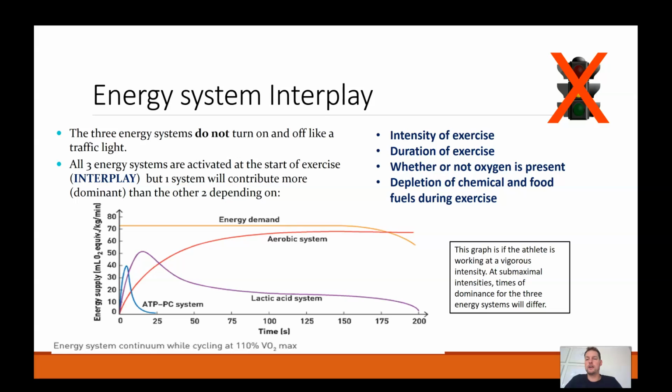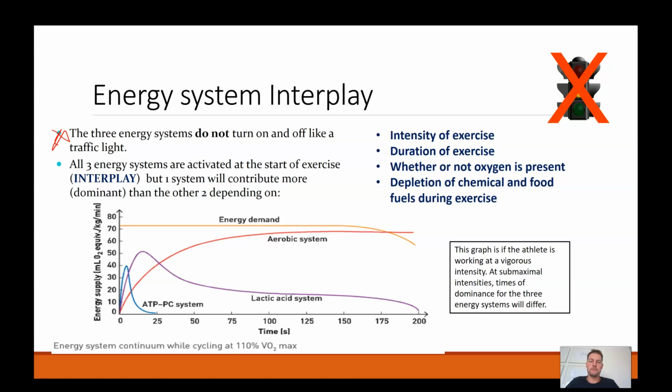So the first concept you guys need to understand is energy system interplay. Essentially, interplay is just talking about how the three energy systems work together to provide the energy that we require. A few key points. First one is that all three energy systems work together the whole time. Even after some of our fuels deplete, they're not fully depleted.